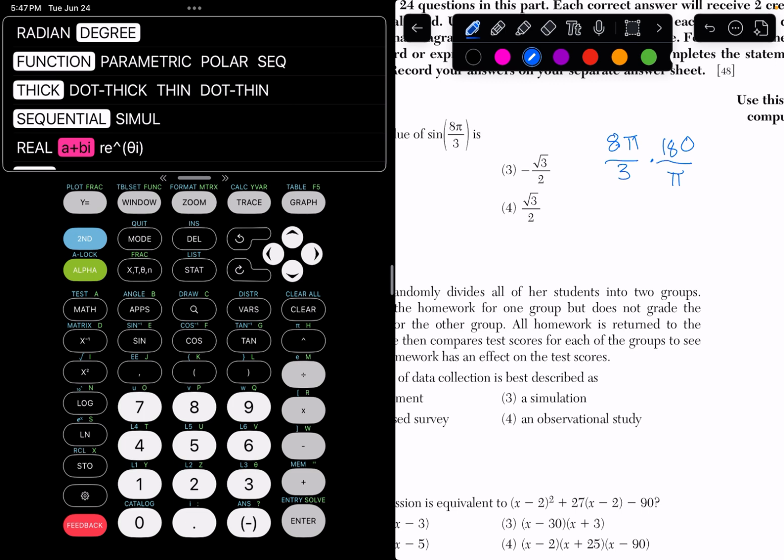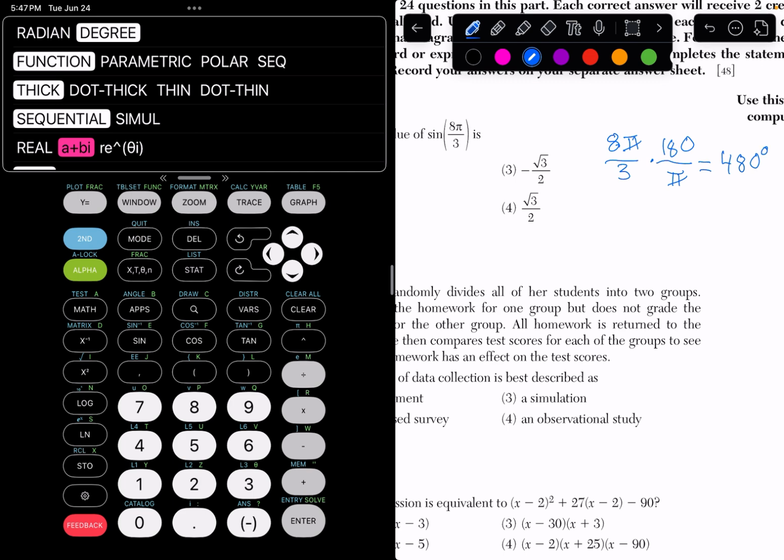So it's 180 over pi to go to degrees. If you have degrees and want to go to radians, which isn't very likely, you just flip it. The pi's cancel out, and then you do 8 times 180 and divide by 3, and we get 480 degrees.